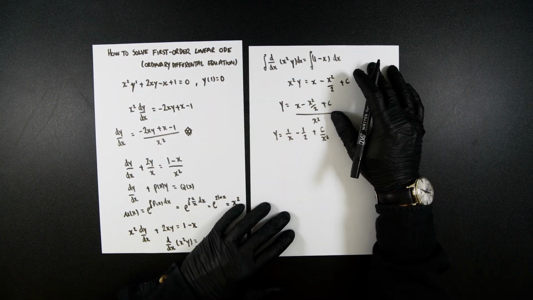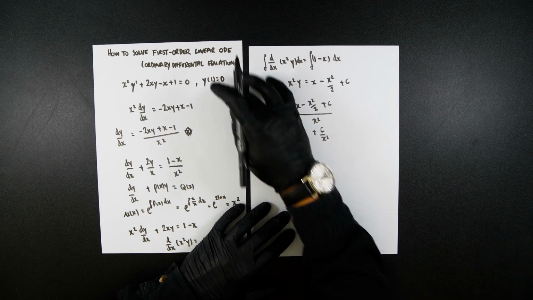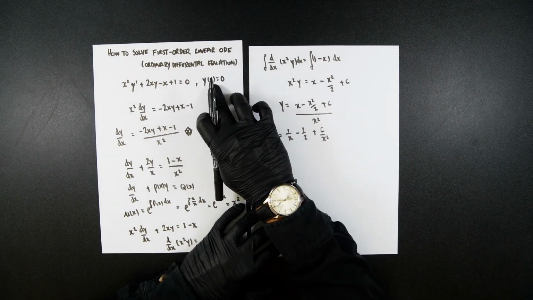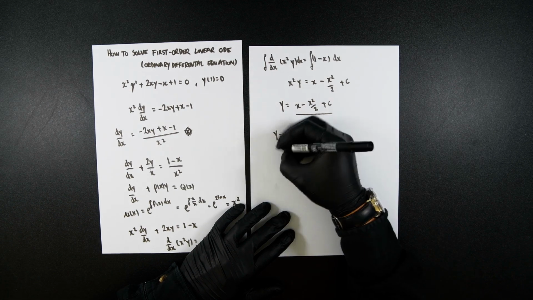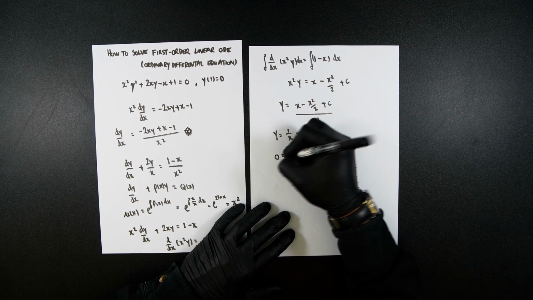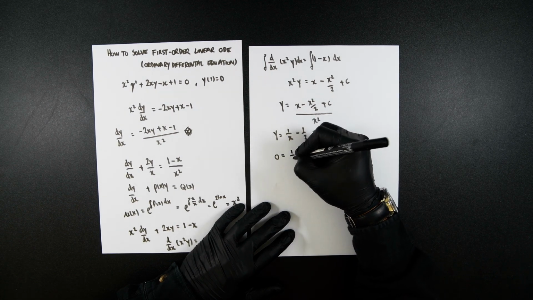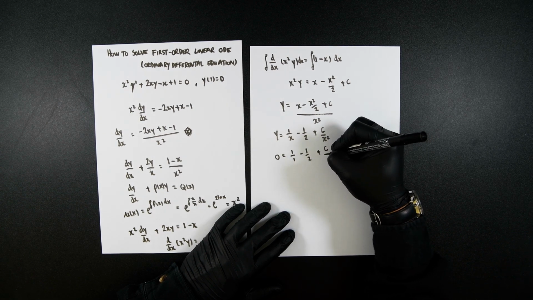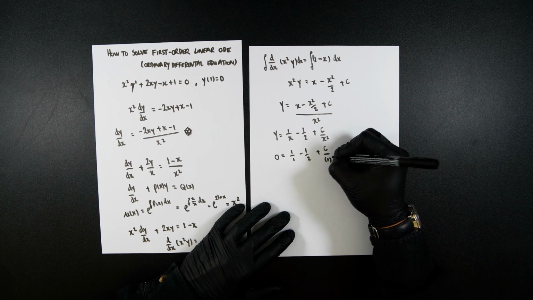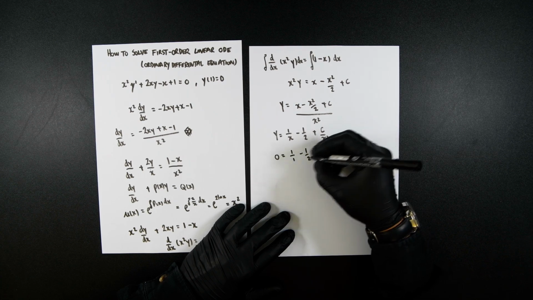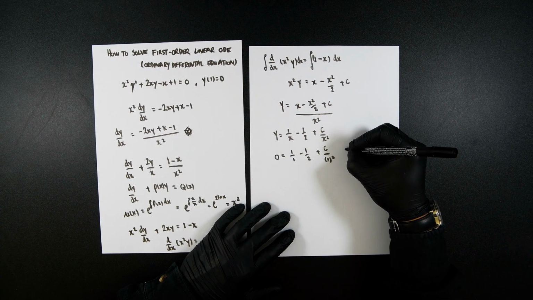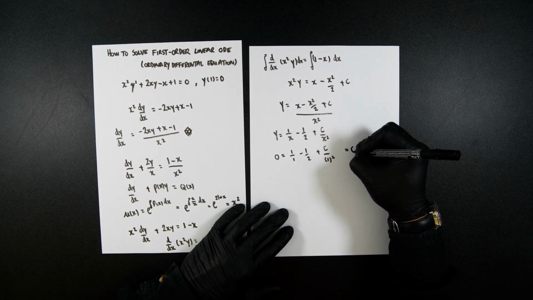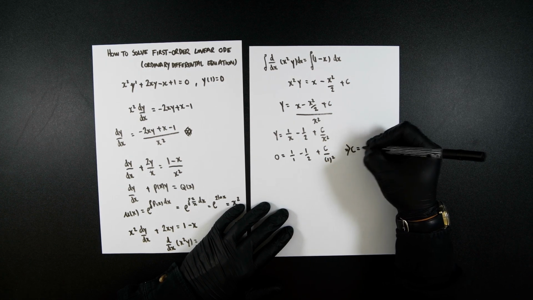But thankfully, we were given in the beginning that when x is 1, y equals 0. So let's substitute the point in. So you've got 1 over 1 minus a half plus c, and then we've got a 1 squared. This is just going to be equal to c equals minus a half.